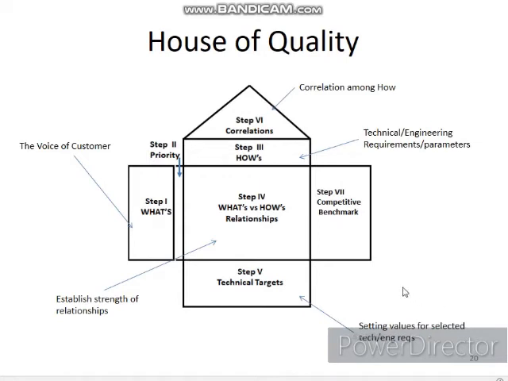What I'm going to do after this is go through how to fill out all these rooms. We call them rooms in general.